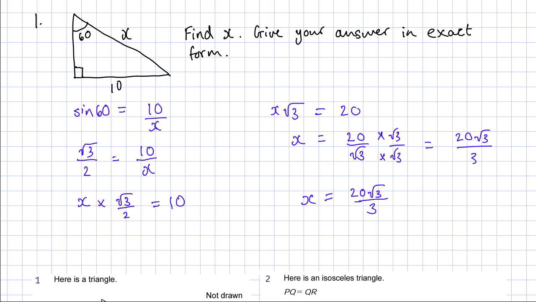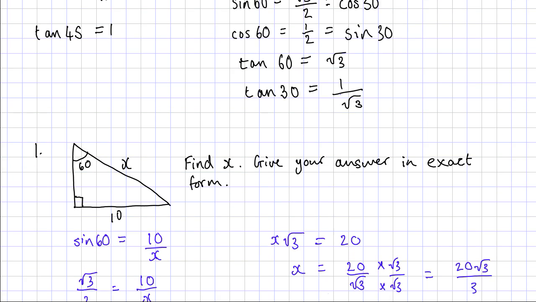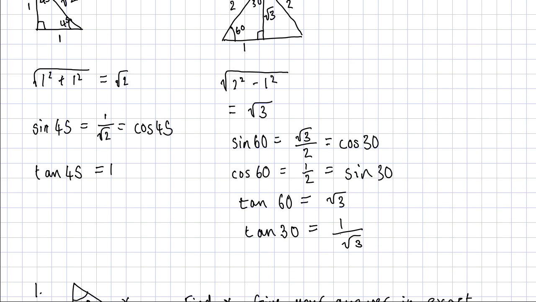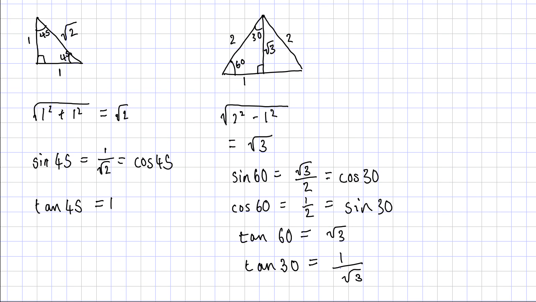Now, the main thing that we did is we used a substitution for sine 60, and we get that from these triangles here. This is what you need to remember. You either need to remember these values, or if you remember how to construct these triangles and then work out the values from there, I think that's a little bit easier to do.